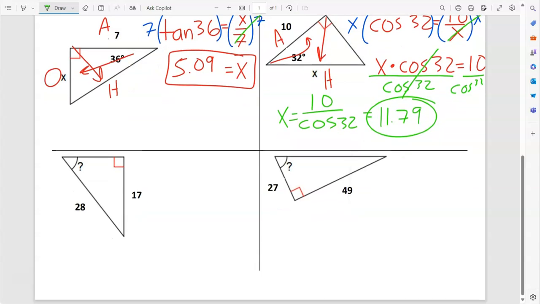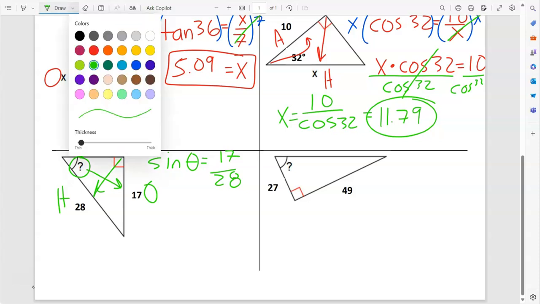Right, now we have some angle measures that we're looking for. Here's my hypotenuse. This is my opposite, so we're using sine of theta is equal to opposite over hypotenuse, so 17 over 28. We do the inverse sine of both sides.